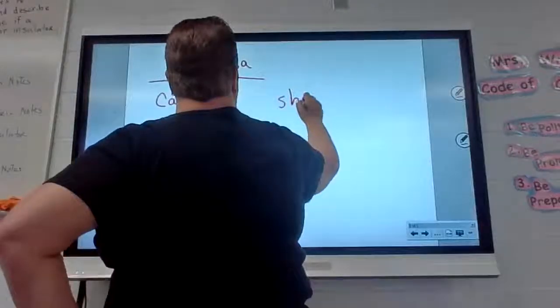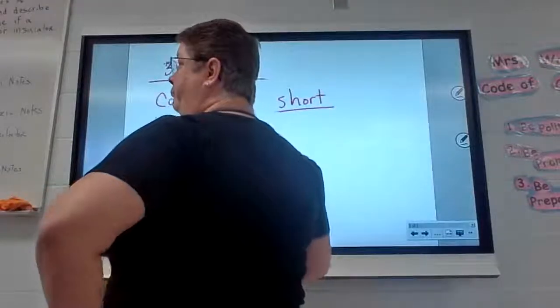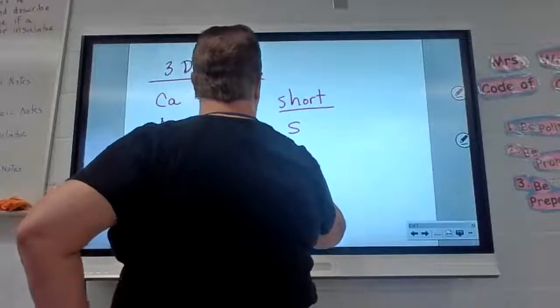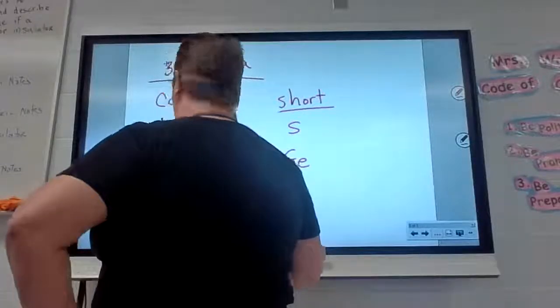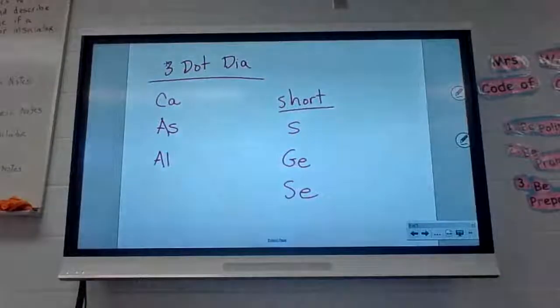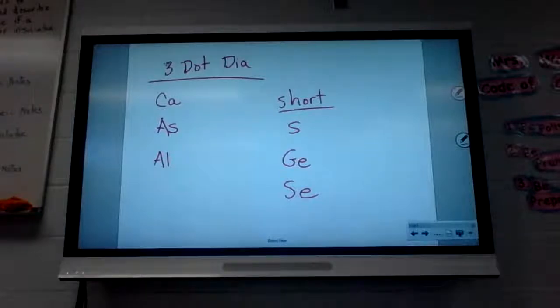Let's do shorthand for S. Let's do shorthand for GE. And let's do shorthand for SE. That's it. Nice and easy. Now, we haven't done all of shorthand, which is why we can't do the quiz. We have to learn how to do that weird stuff at the bottom, which is harder than normal shorthand. Okay? Let me take a picture of it so I have it for the website.